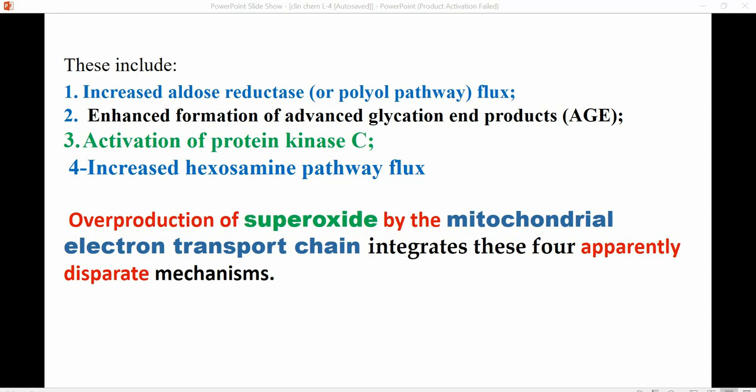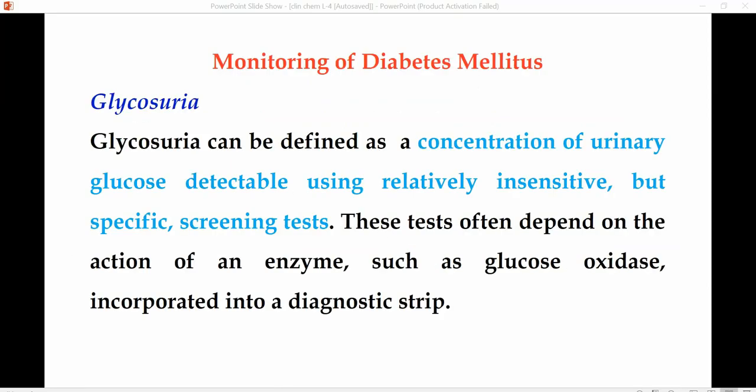By these mechanisms, there would be overproduction of free radicals. Among these, the superoxide production by the mitochondrial electron transport chain would complicate the overall metabolic complications in those patients.